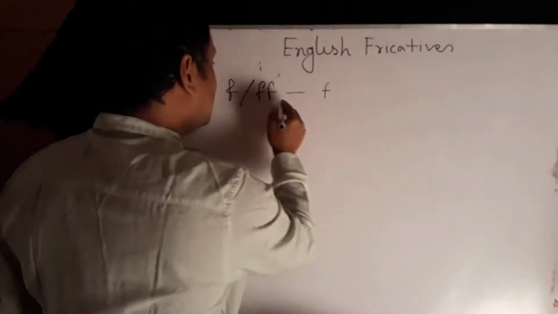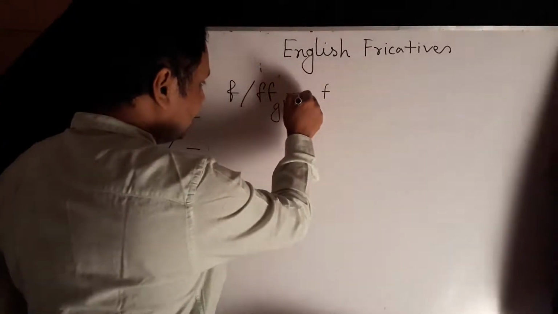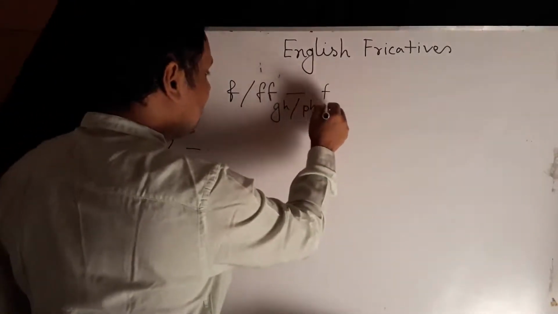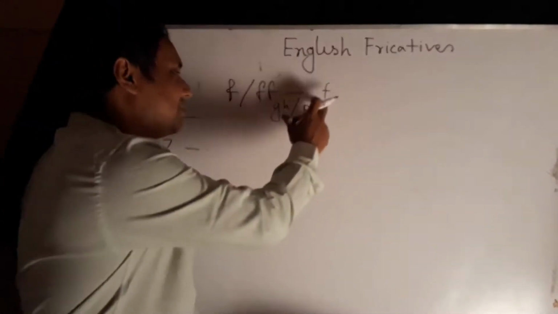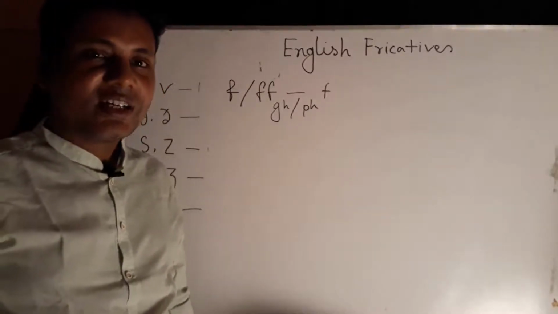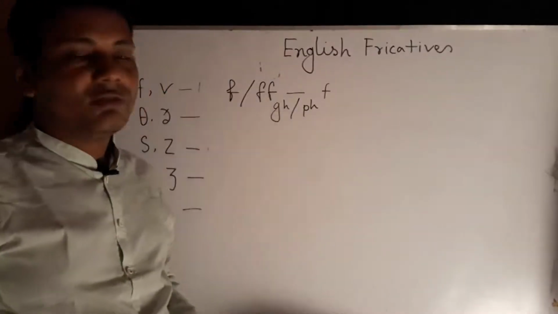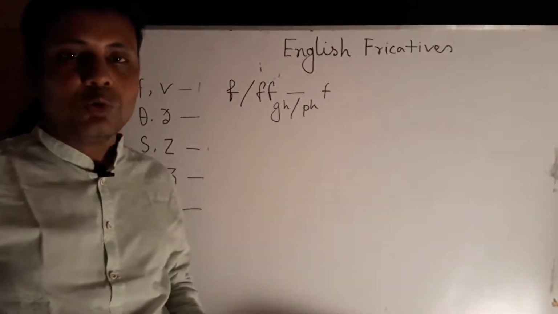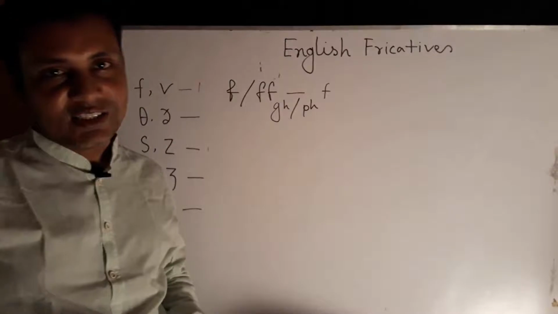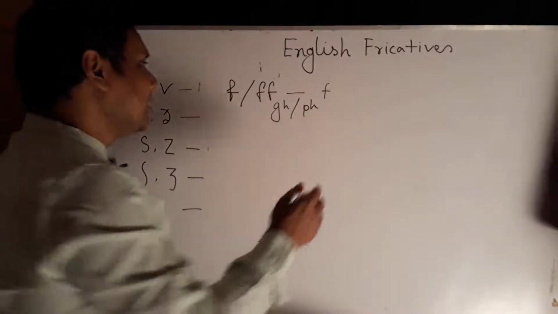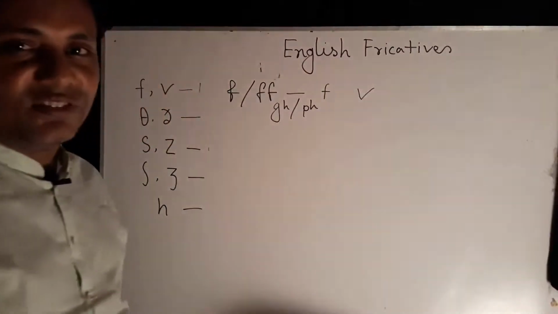And GH or PH, etc. are also pronounced as fa many times. For example, enough, tough, T-O-U-G-H, tough. PH, for example, phone, P-H-O-N-E, phone, or phonetics, etc. And V in English spelling is generally pronounced as va.